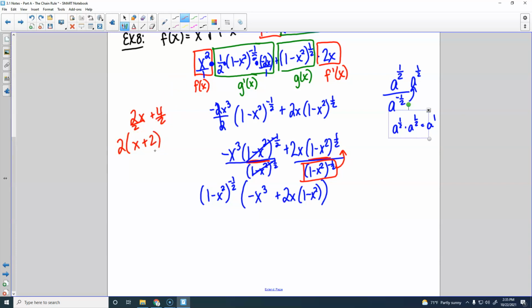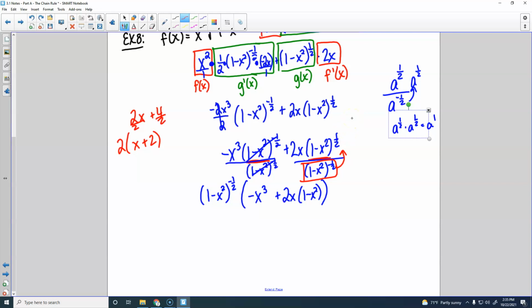So when we factor out 1 minus x squared to the negative 1/2, we are dividing both terms. They're exactly the same, so they cancel. Yeah, because the 1/2 minus the negative 1/2 would just be 1 there.